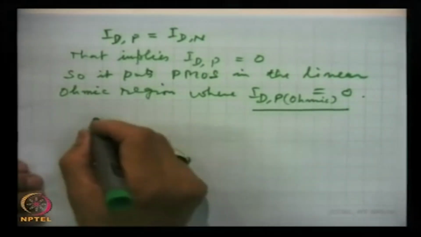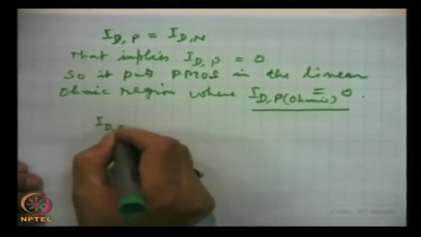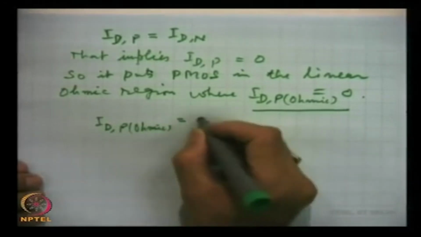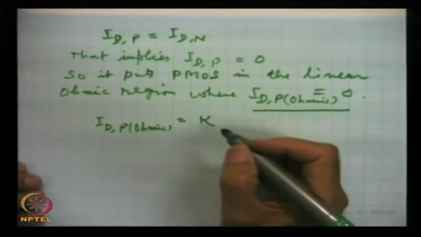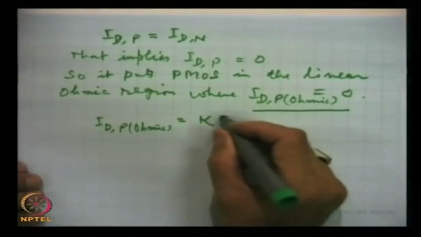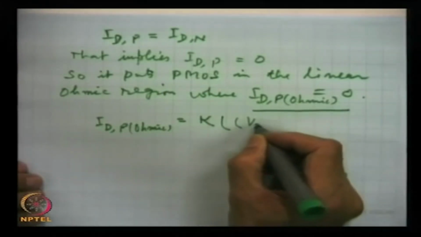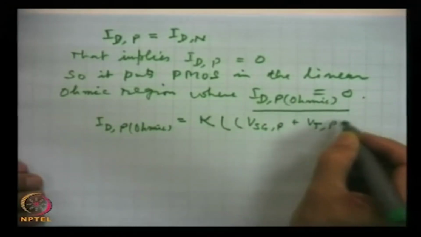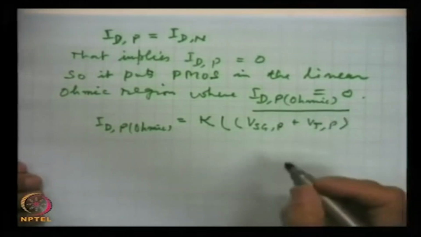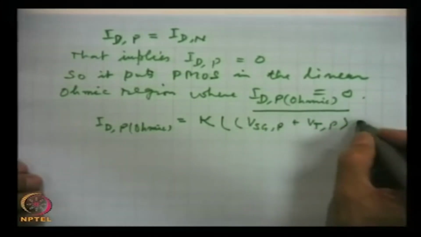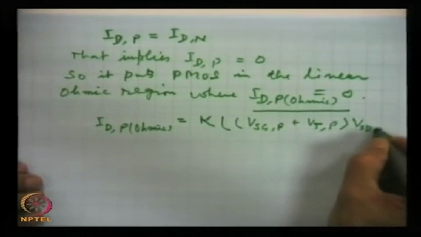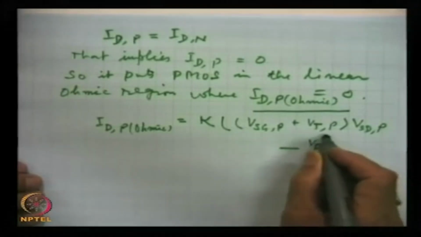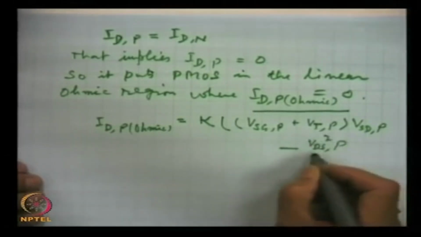IDP ohmic is equal to K, the conductivity constant, times VSGP plus VTP, where the proper sign of VT has been used, times VSDP minus VDSP square by 2.